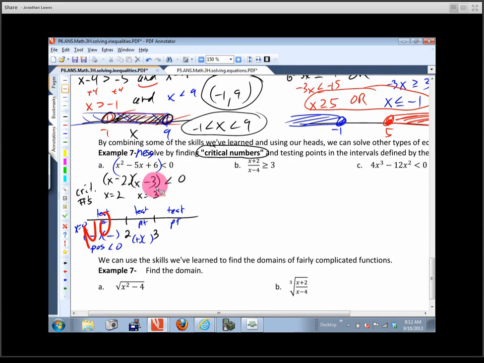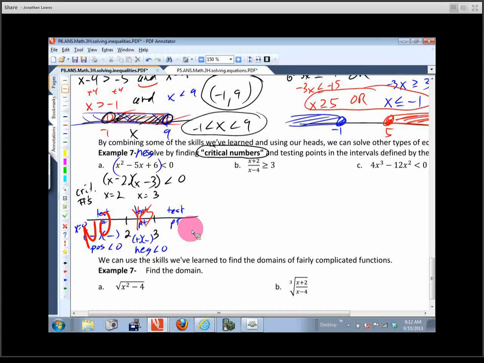That would be -0.5. Okay? Whether it's 0.5 or 0.6 or whatever, it doesn't really matter. We care that it's negative. What is a positive times a negative? It's a negative. Okay? Is a negative less than 0? Yes. Okay? So this little interval right here works.